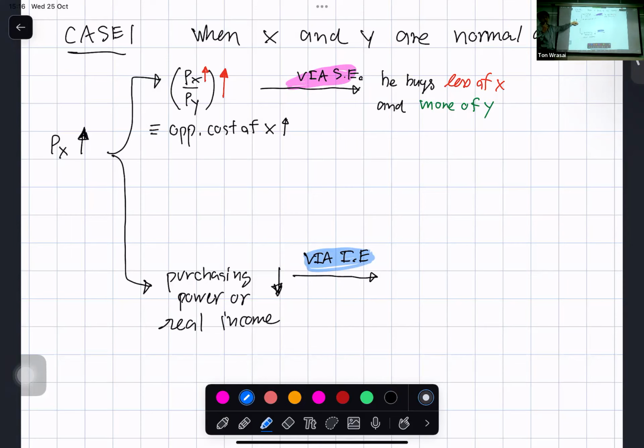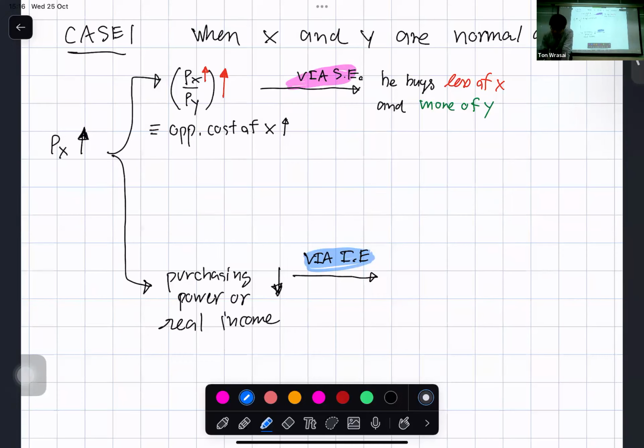Second branch of the total effect. It's about the income effect. Increase in the price of pizza makes his purchasing power fall. Real income falls. Since the two goods are normal goods, when real income falls, this guy reacts by buying less of pizza and less of Pepsi.